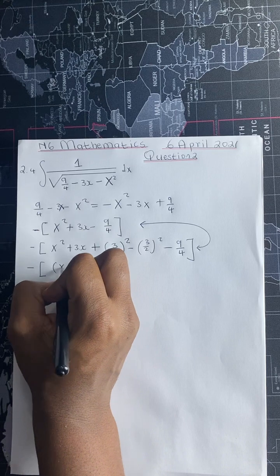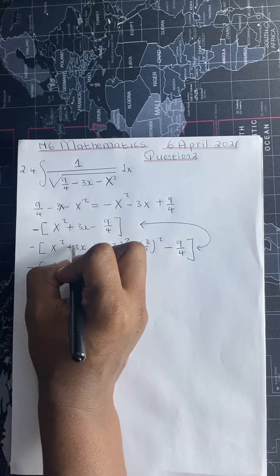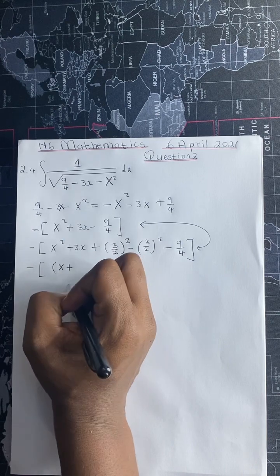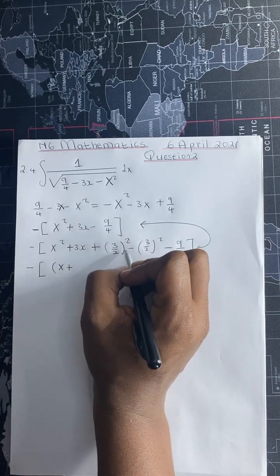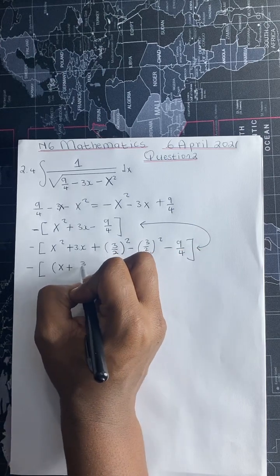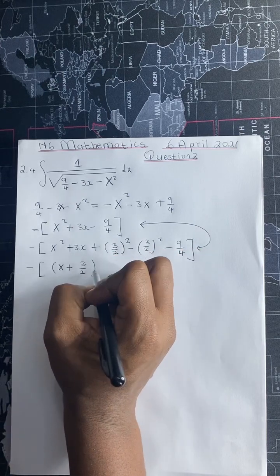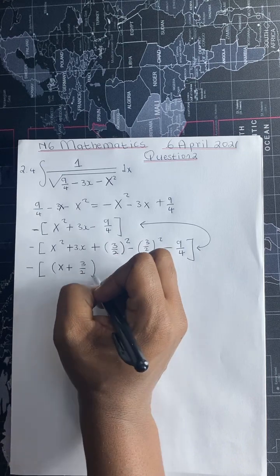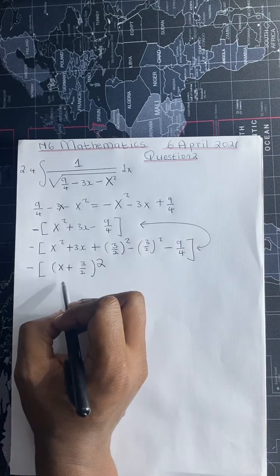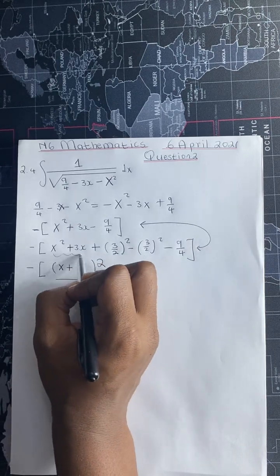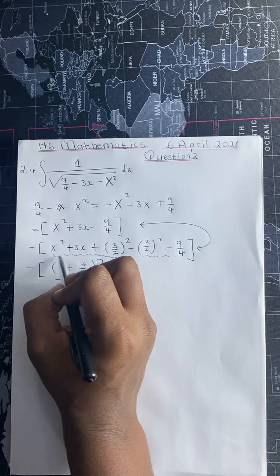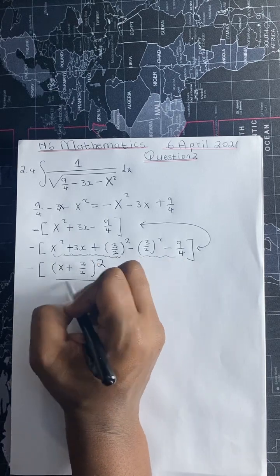We only have to take 1x, and we have to take now the sign which is here, and bring it here. We have 3 over 2 squared. We don't have to take it with the square. We only have to take the 3 over 2 without the square. But this x plus 3 over 2 squared, we have to square it. So this part is equal to that part without that part. So we have simplified this part, and it's equal to that.